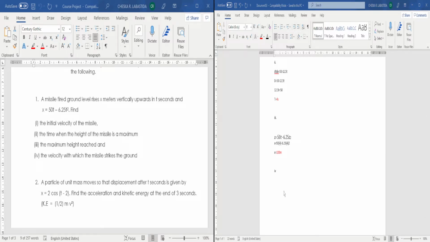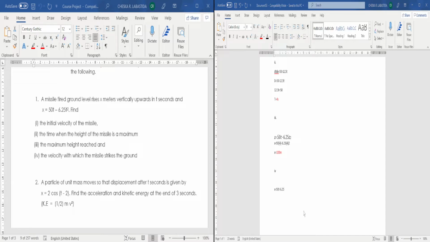To find the velocity of the missile when it hits the ground, we first need to find the total time traveled by the missile using the function x equals 50t minus 6.25t squared.